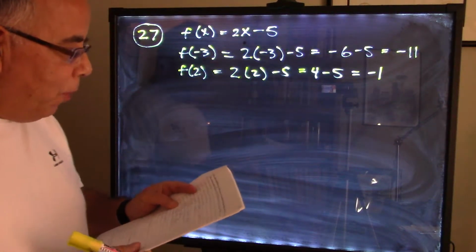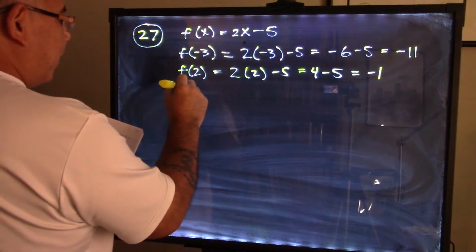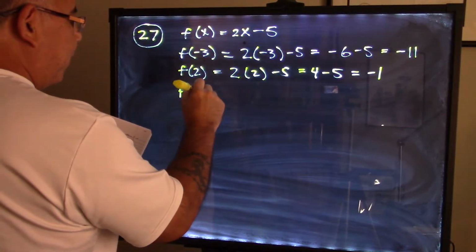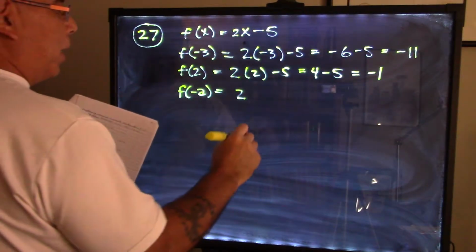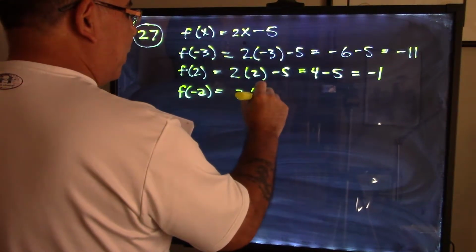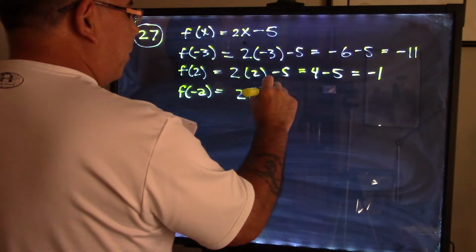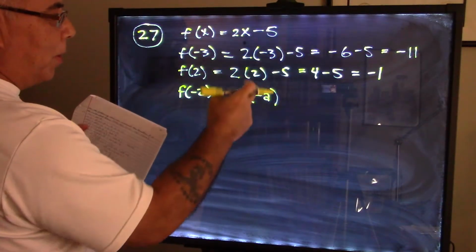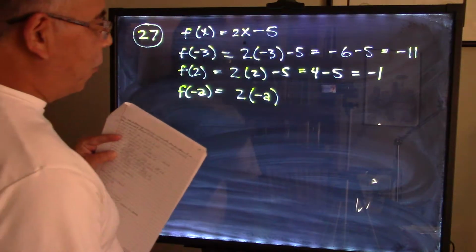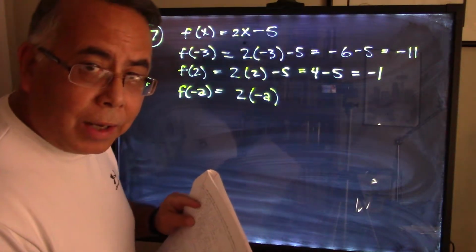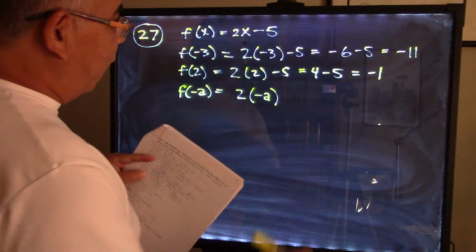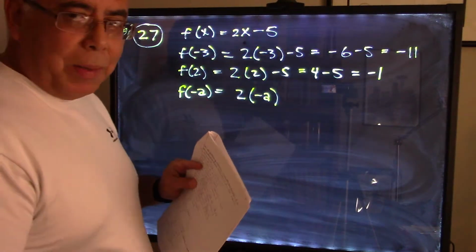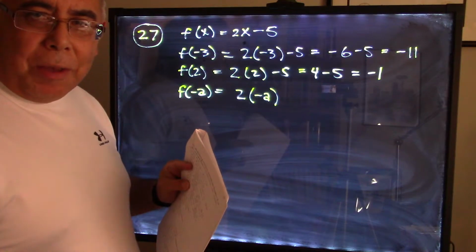All right. So now we have f of negative a. So you put in the negative a instead of the x, so that's 2 parentheses negative a. And I put it in parentheses always because it tells me where the x was in the formula. Keeps things organized, prevents mistakes that way. All right. This is a simple formula, of course, but you want to keep things simple.